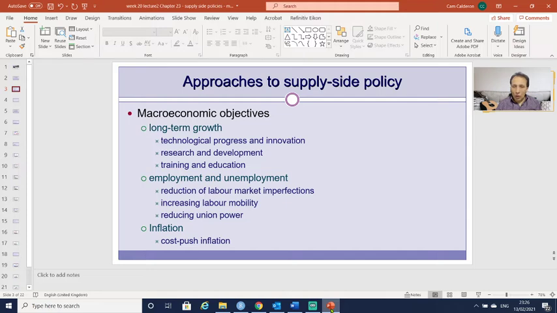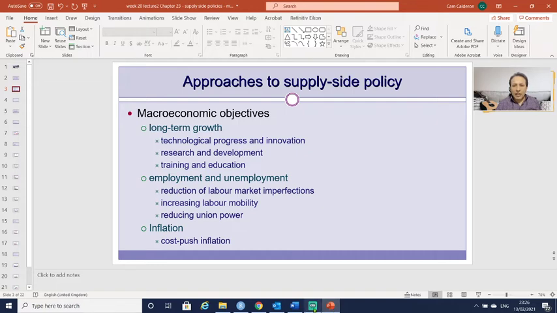Recall the equation from the Solow model that we covered during our previous sessions. We try to amplify research and development, which is going to improve the rate at which the country develops technological progress, and we also want to develop labor. In order to do that, we increase training and education.